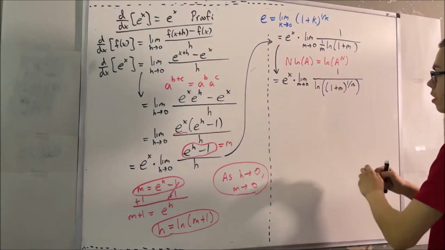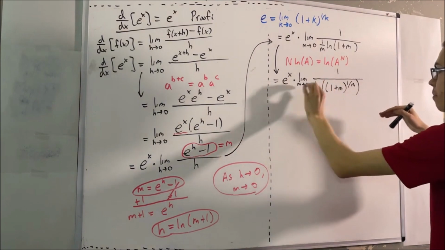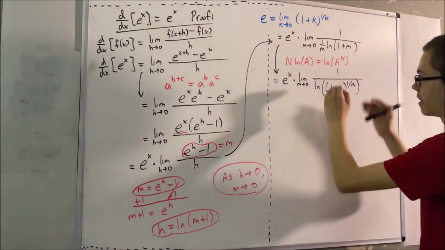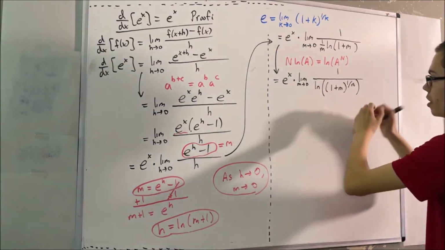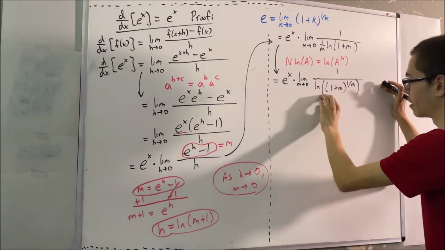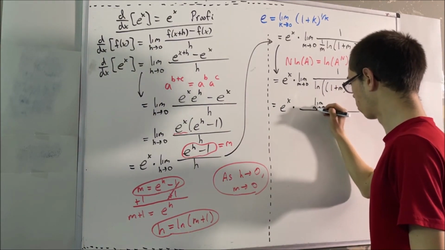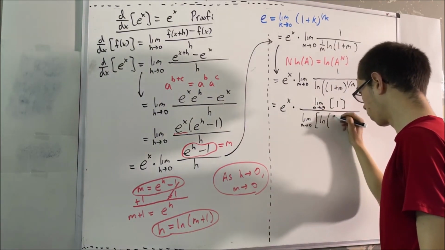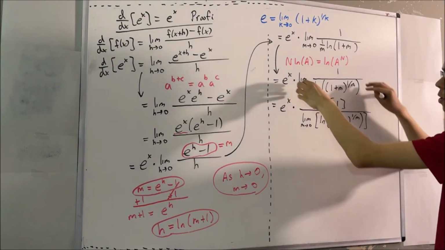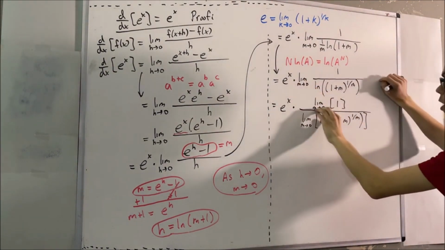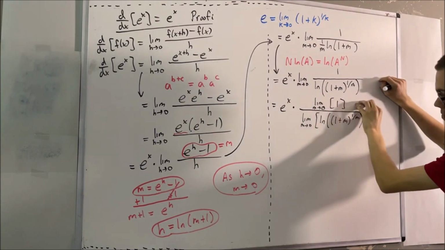Now notice, we're taking the limit of a quotient. There's this property of limits that says that the limit of a quotient is equal to the limit of the numerator divided by the limit of the denominator. So we've applied that property of limits. Now notice that the limit of the numerator is just going to equal 1.